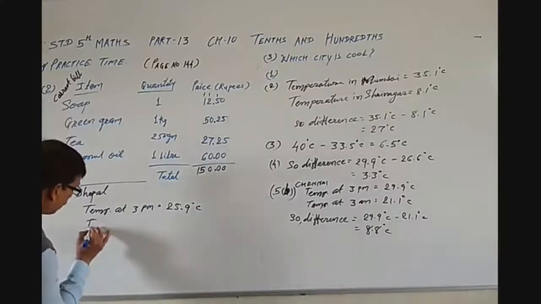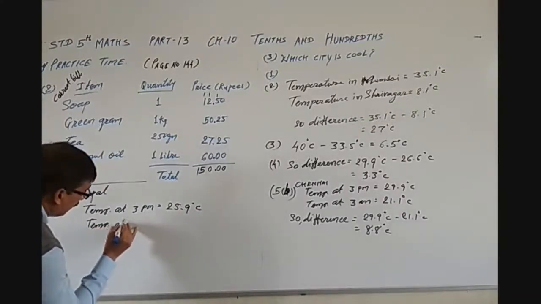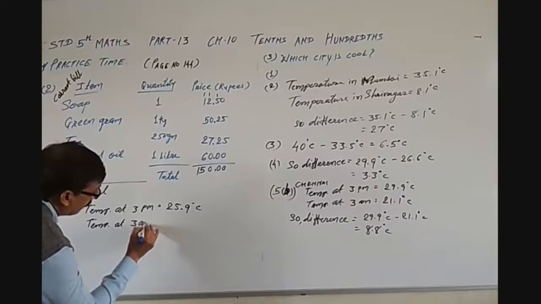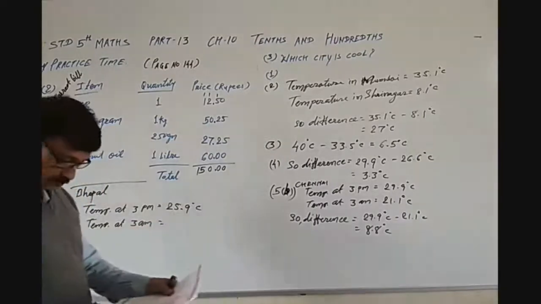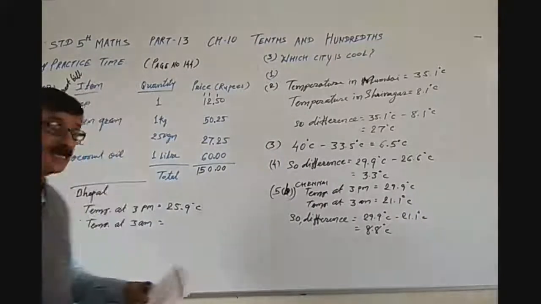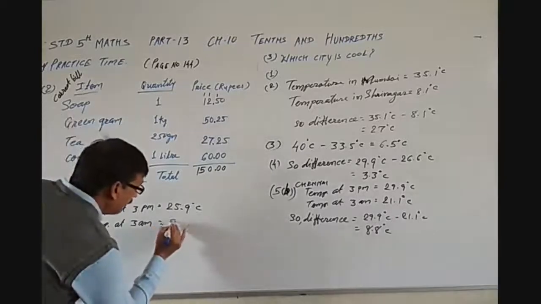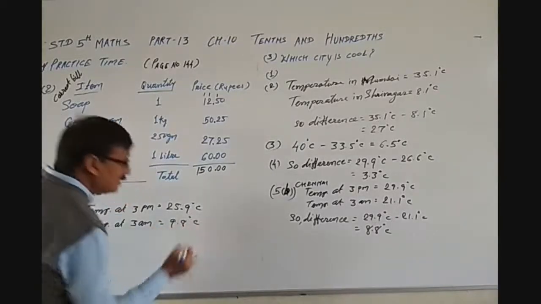And temperature at 3 a.m. in Bhopal is 9.8 degrees Celsius.